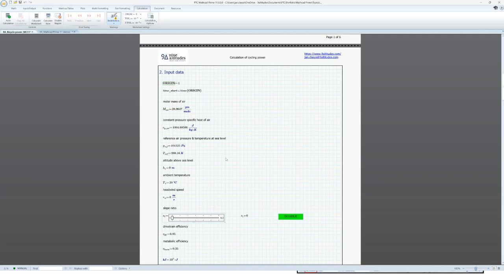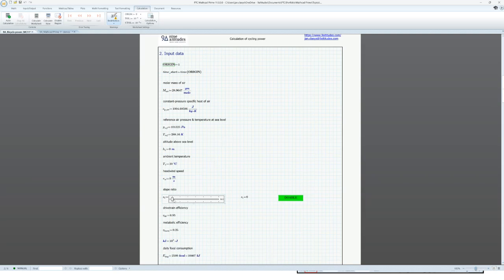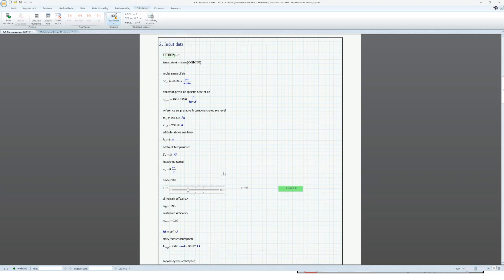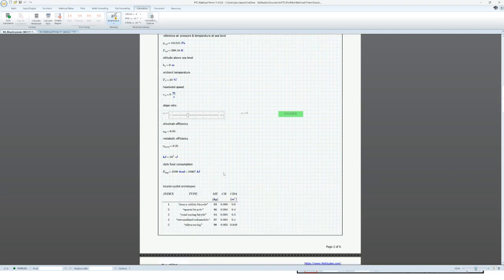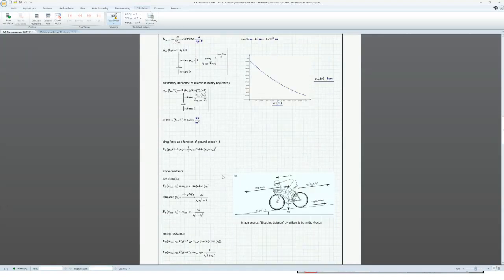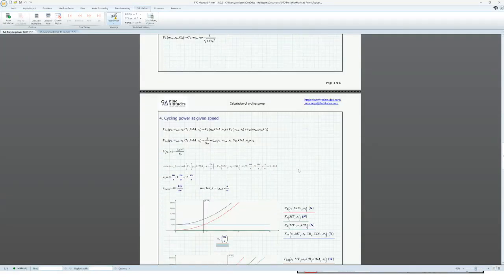What is the advantage? For example, when I make a change in a worksheet, so here I will increase the slope ratio of a certain hill, then you will see that the calculation is halted. If I place my cursor, I can say calculate now, and then the worksheet will be calculated up to that point. If I press now, you will see it's calculated up to this point, but not further.